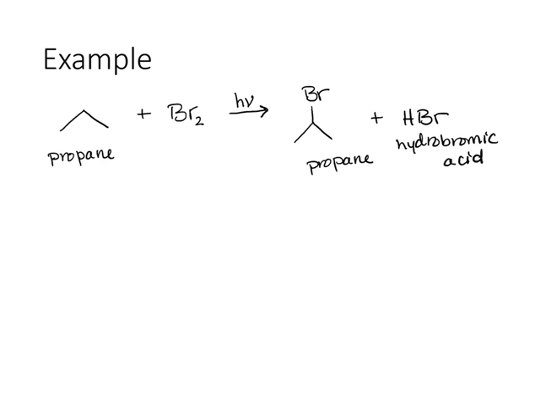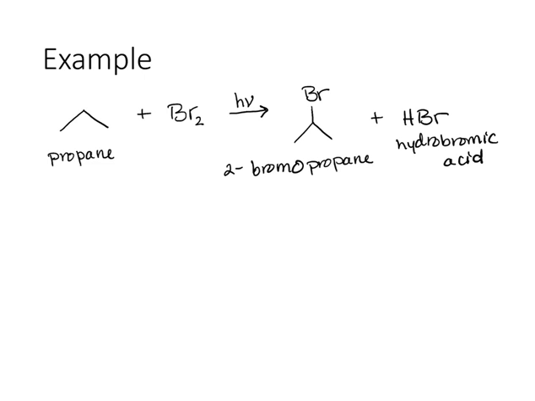And then how would we name that substituent? Bromo. And which carbon is it on? The second carbon. So this would be 2-bromopropane. And bromine will be on carbon 2 no matter which way we number it, left to right or right to left, so that's easy.